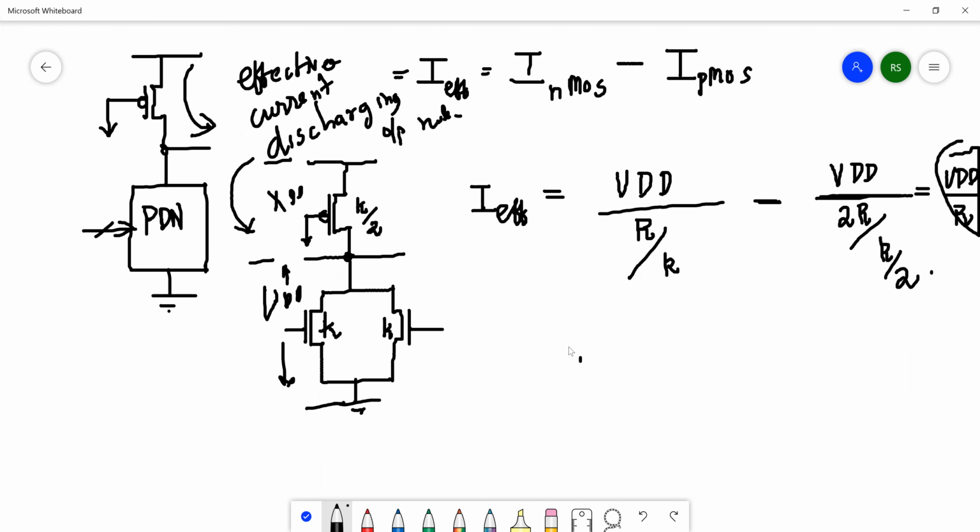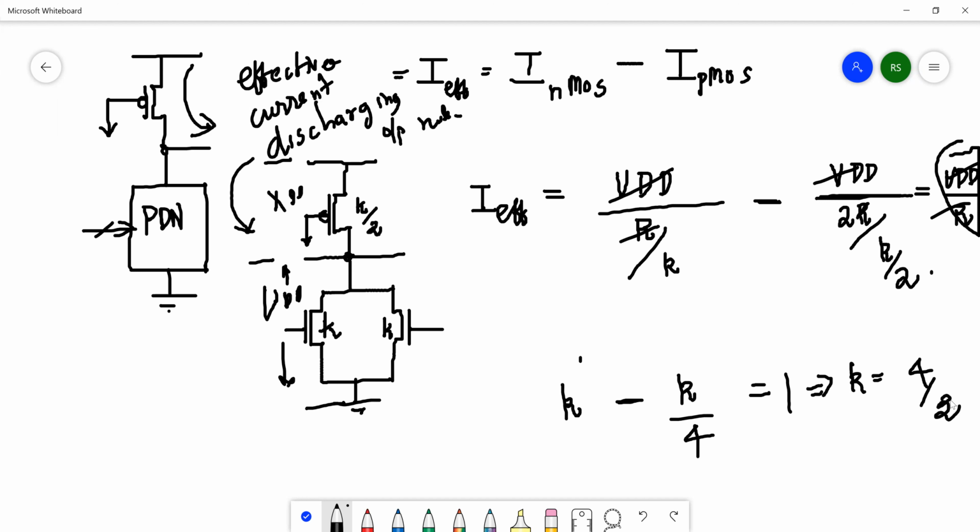The second equation lets us solve for the actual K. Cancelling all the VDD and R, the RHS is 1, and the left side is K minus K by 4, so K equal to 4 by 3. Then you just put the same thing here, same as the previous case. So just clear this whole screen.